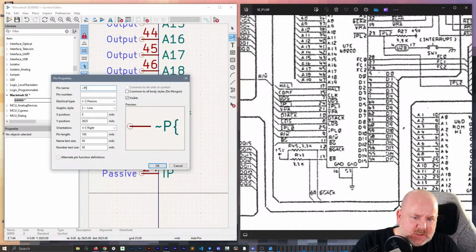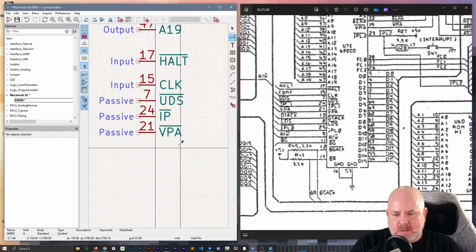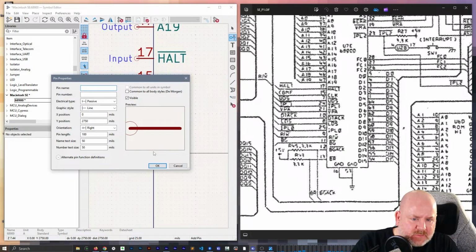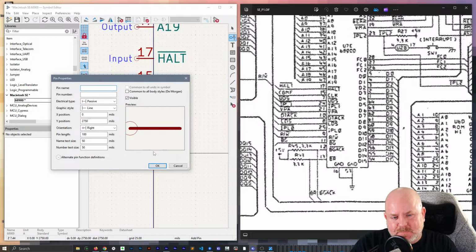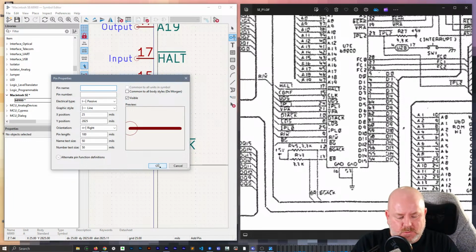Okay, the next pin looks like VPA. And that's going to be 21. And then what do we have? DTAC? OTAC? I don't know what that would be. LDS. I wonder if that's like a load, some kind of load pin.